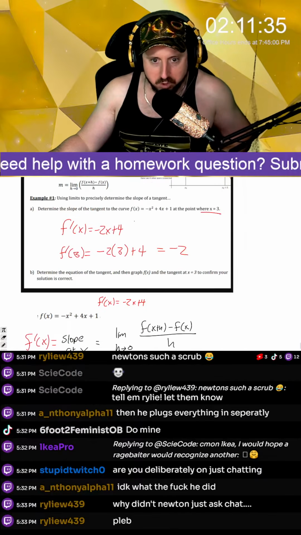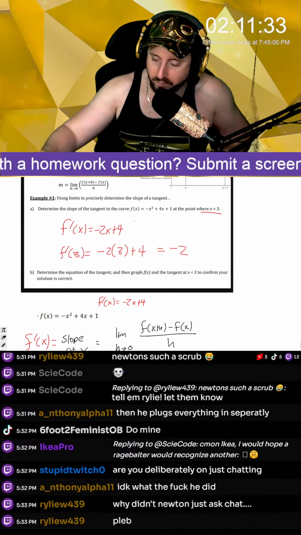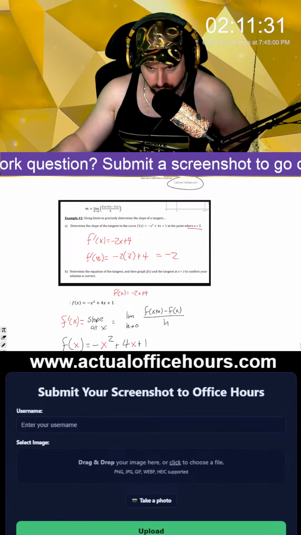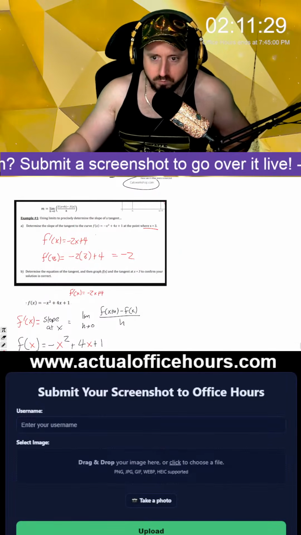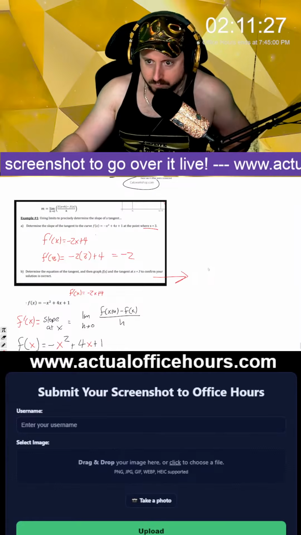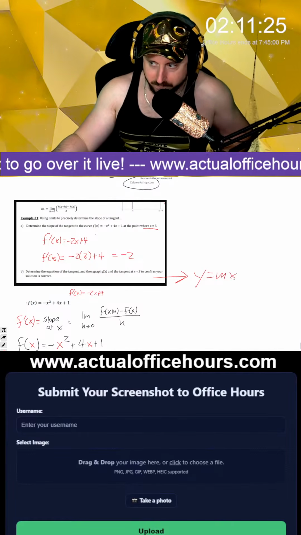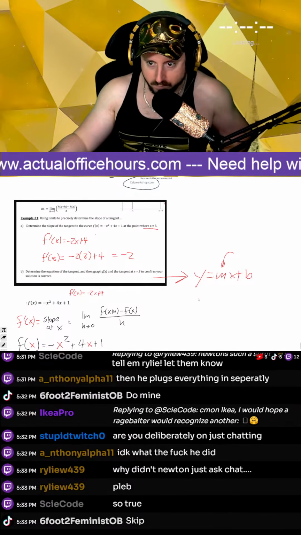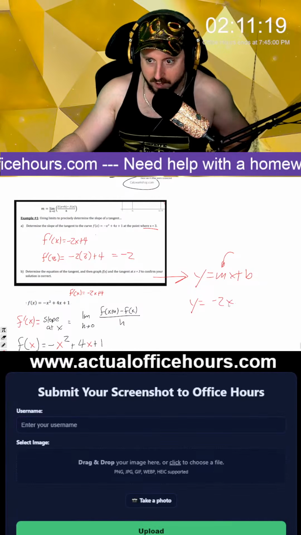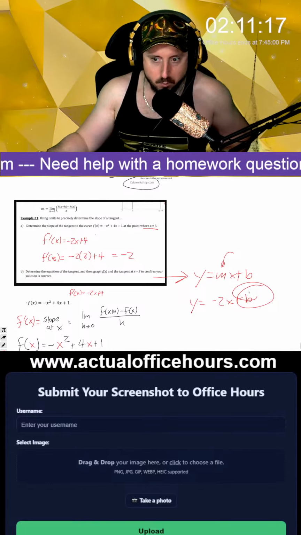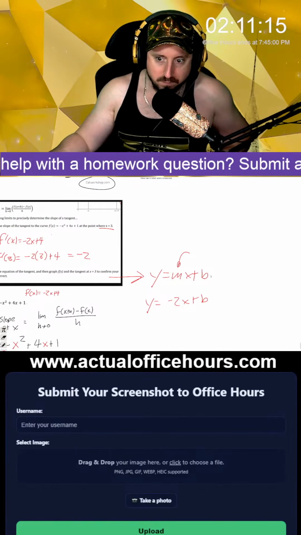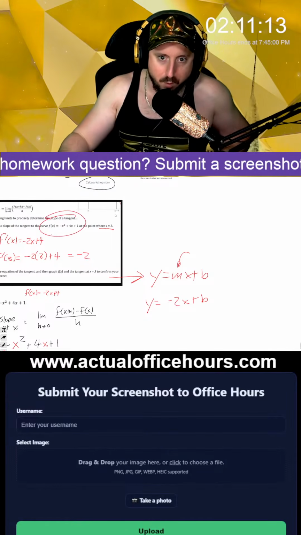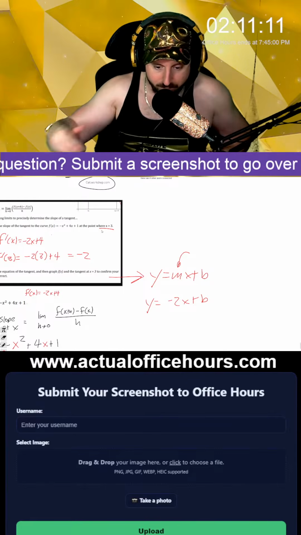All right. Determine the equation of the tangent. Okay, well, this is y equals mx plus b. You already got m, right? m is equal to negative 2. So you have y equals negative 2x plus b. Now, in order to get the intercept, you need to figure out the point where you're trying to find your tangent line.